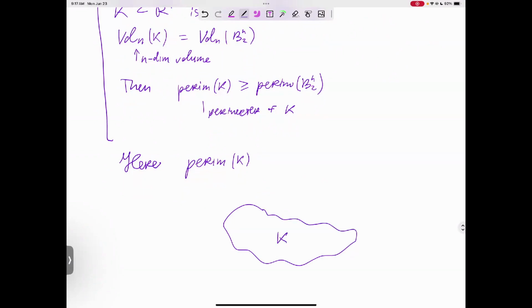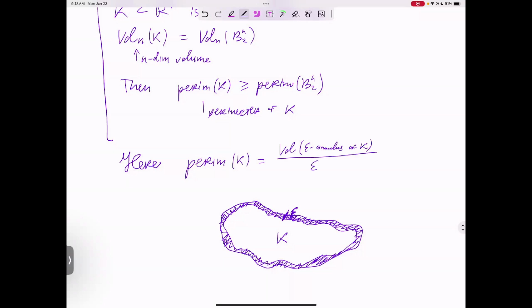If this is my set K, I look at the thin strip, thin annulus around K of all the points that are not in K, but are at distance smaller than epsilon to K. And so the perimeter of K is, informally, the volume of this epsilon annulus, which I will define in a minute, divided by epsilon, in the limit, of course.